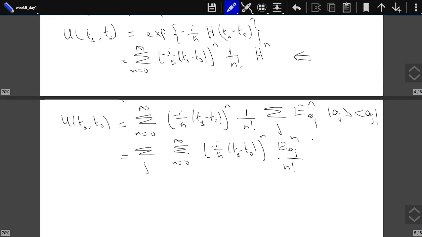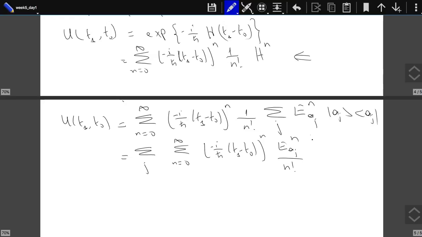Well, we know the evolution operator: the sum over j of e to the power minus i over h bar (t1 minus t0) E(a_j), |a_j><a_j|alpha>. Of course, this alpha is at time t equal to t0.